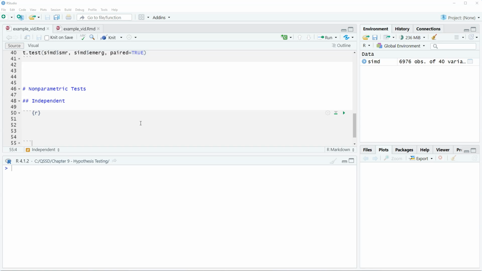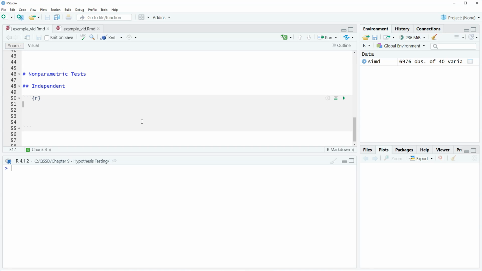So in this video, what we're going to do is take a quick look at non-parametric tests for independent samples. These are a non-parametric version of the t-tests for independent samples. One of the issues with the t-tests that we used before is that it assumes that our dependent or outcome variable is continuous, but also assumes a Student's t distribution, which is very similar to a normal distribution.